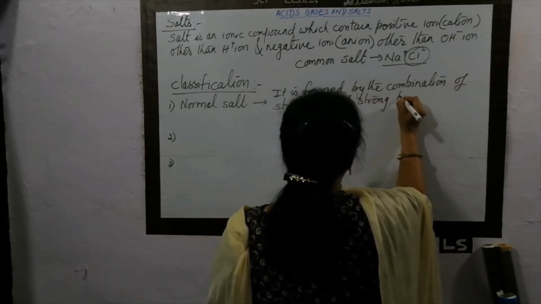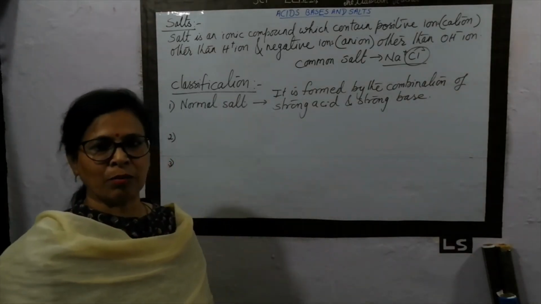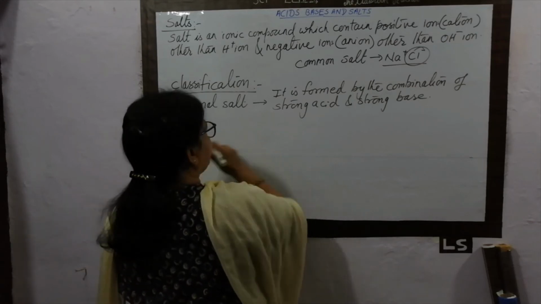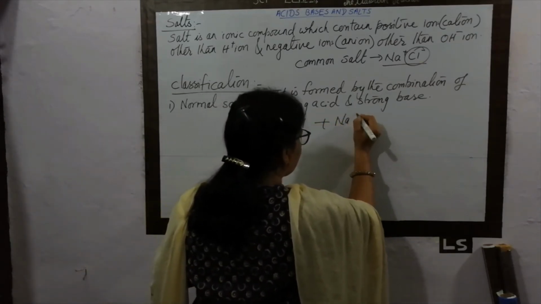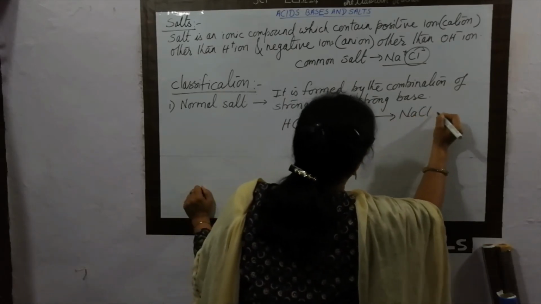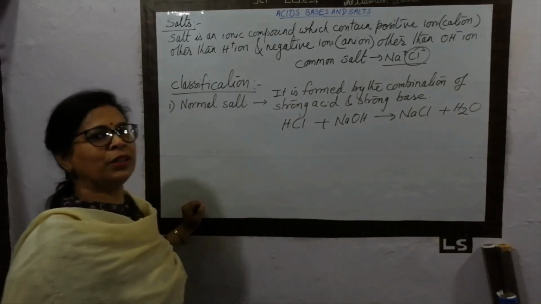When a strong acid combines with a strong base, the salt formed is called the normal salt. For example, a strong acid HCl combines with a strong base NaOH, and as a result NaCl is formed by releasing water, and it is called normal salt.